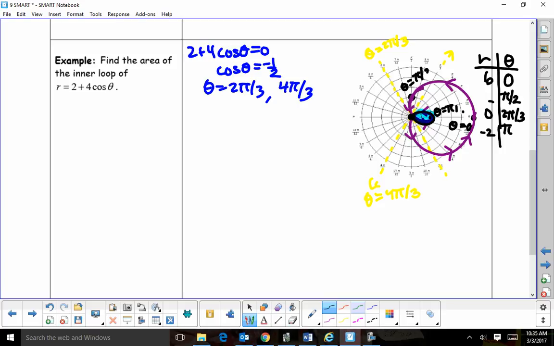We could start it here and end it here and multiply by 2. Or we could start it here and end it here and multiply it by 2. You pick.